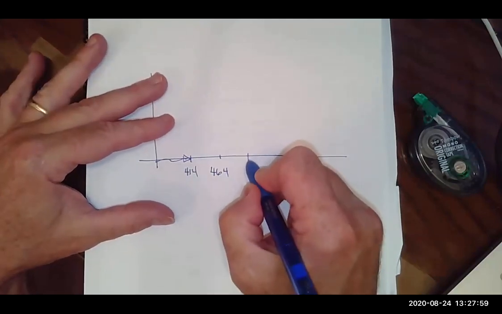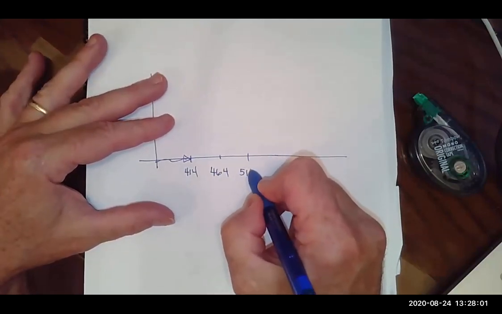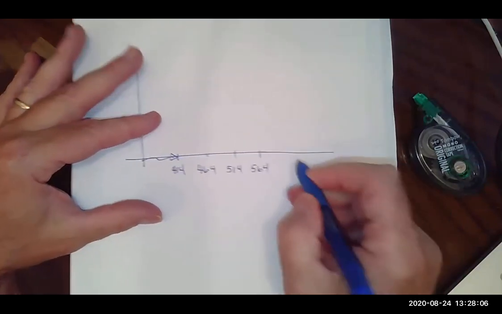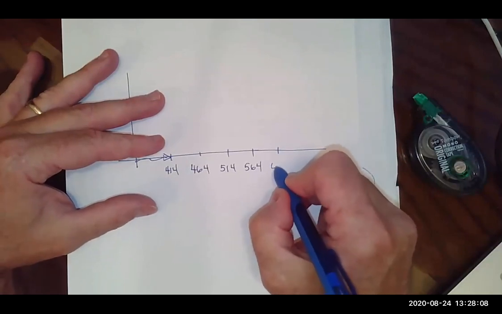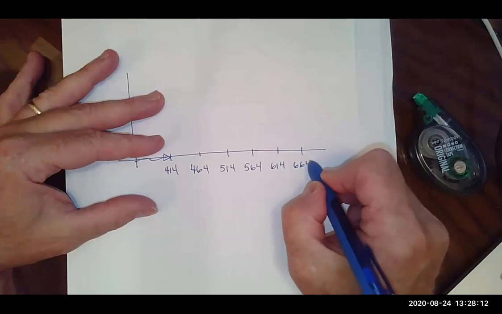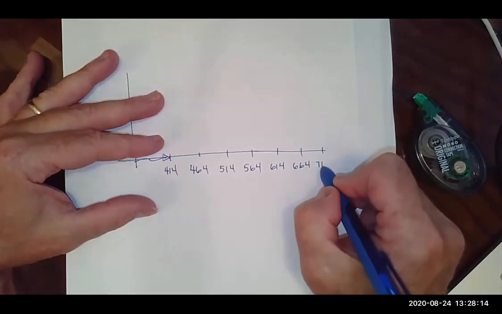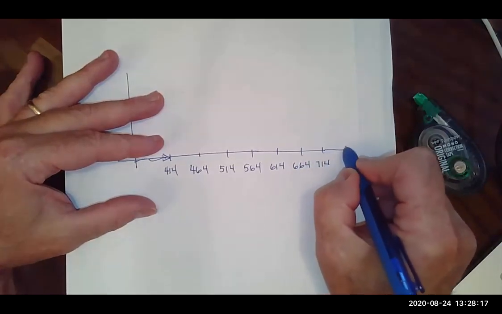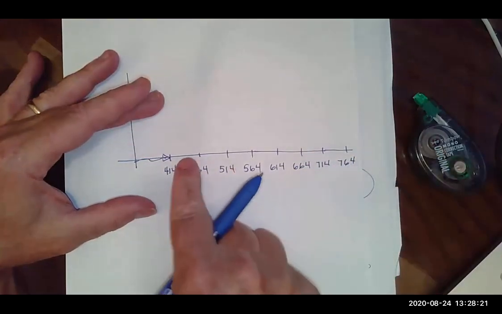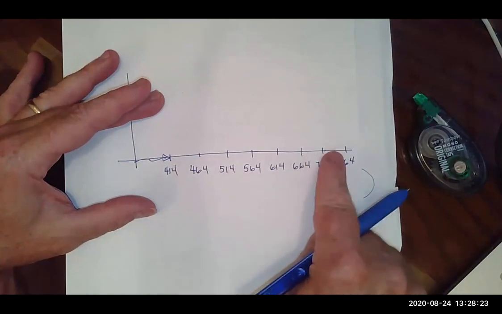464, let's see, 514, 564, 614, 664, 714, and then 764. Let's see, 1, 2, 3, 4, 5, 6. I've got to stop.